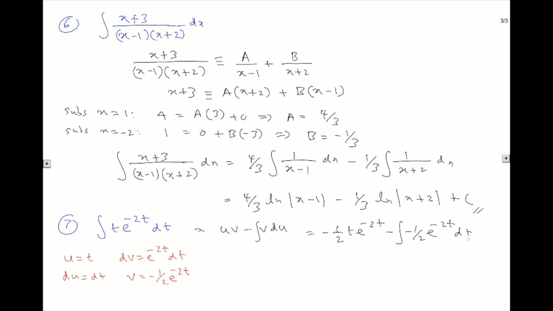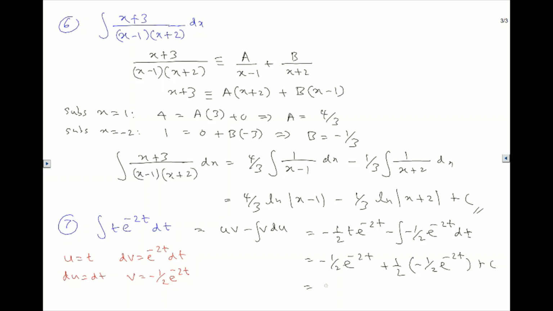So you can see the second integral is very easy to integrate right now. It is negative 1/2 e to the negative 2t, negative, positive 1/2. You again get negative 1/2 e to the negative 2t plus c.